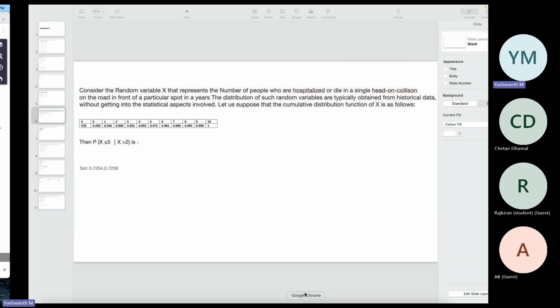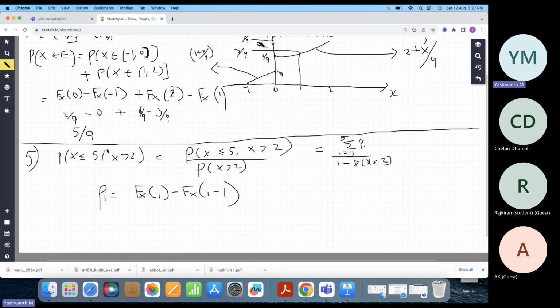So this is the question. Just by definition you have to write this. X greater than 2 is 1 minus probability x less than or equal to 2, and because x is greater than 2 and less than or equal to 5, 2 cannot come here. That's why in the summation I'm writing 3 to 5 of the probability p_i.